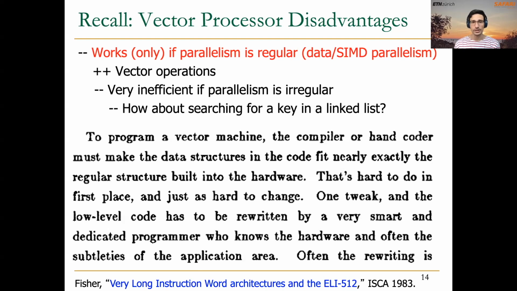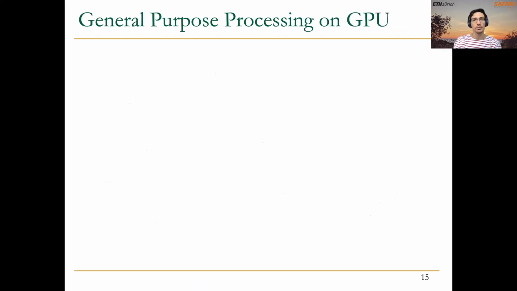Because remember this paper from Fisher in ISCA 1983, where he said that one of the biggest disadvantages of SIMD processors was the difficulty to map data structures and computation onto this hardware. One good thing of general purpose computing on GPUs these days is that the learning curve and the difficulty to program these SIMD processors has been much alleviated.